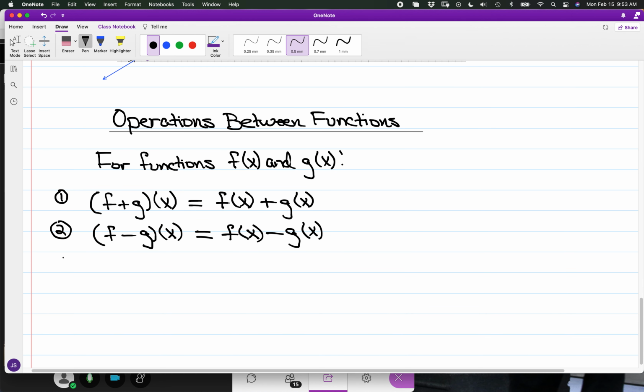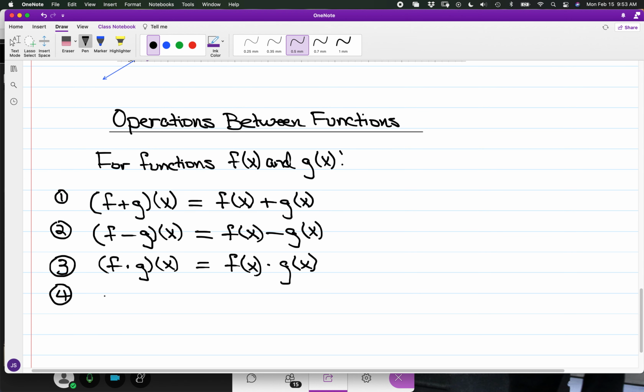And in the case of the product function, this will translate out to the product of the first and the second functions, in this notation, f of x times g of x.